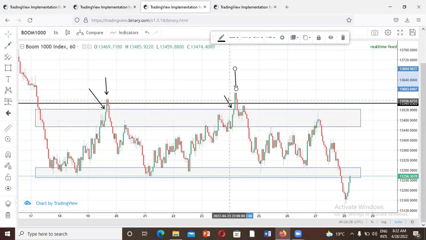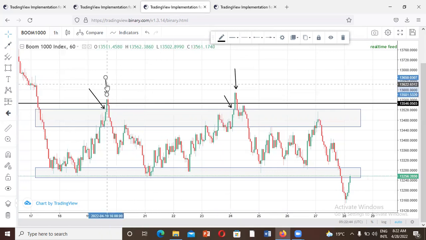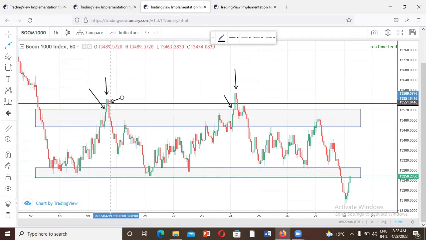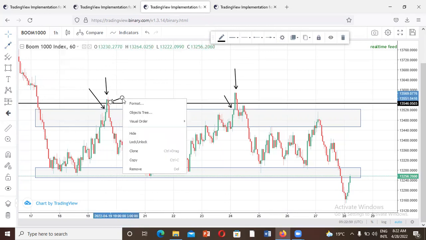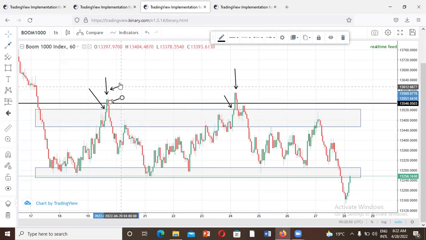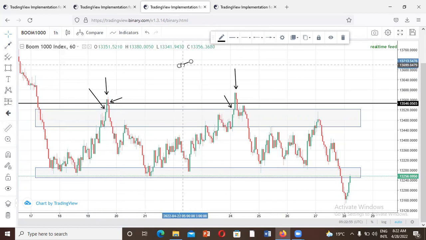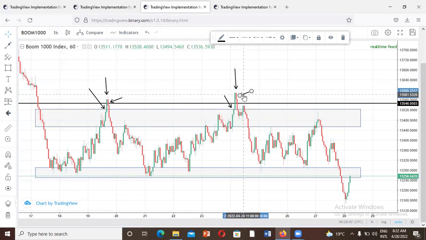You should wait for the first bearish candle to print, which is this one here. Once that is done, then you have confirmation that you can continue, and then you continue with it like that all the way.